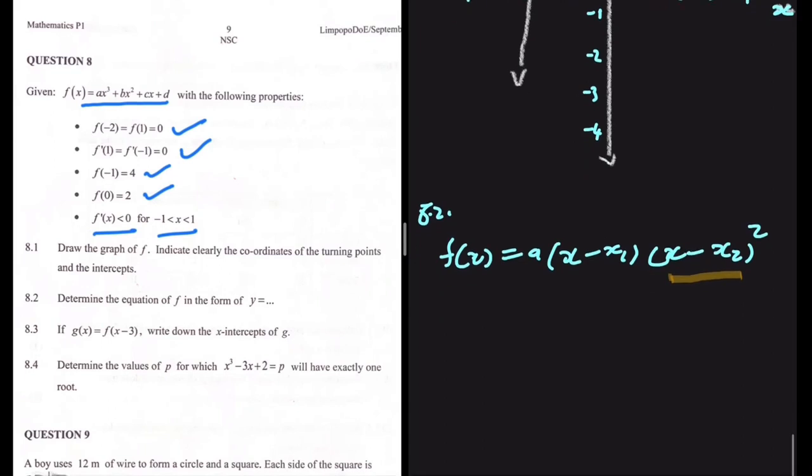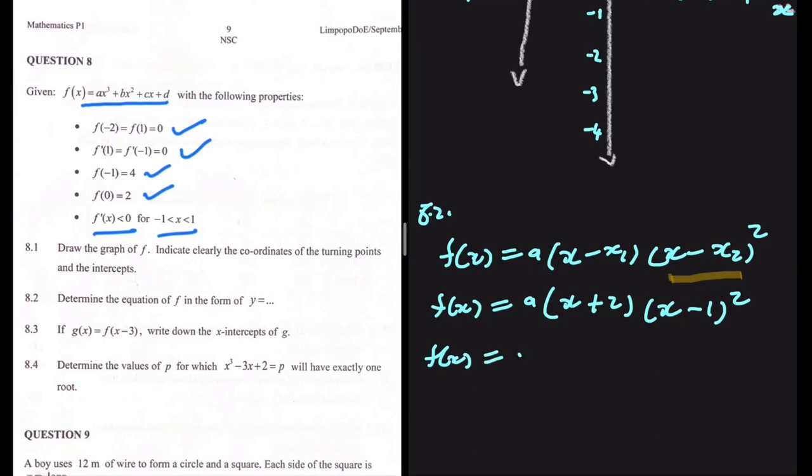So when we substitute here, we should have f of x equals a multiplied by x plus 2 multiplied by x minus 1 squared. This is what we need to solve. So f of x equals a multiplied by x plus 2, x minus 1 squared, that will give us x squared minus 2x plus 1.